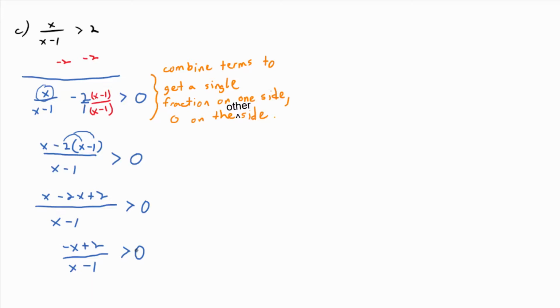To get our critical values, it breaks down to setting the numerator and denominator equal to 0. So this is step 1 of the method now. All this was preliminary. So step 1, critical values, CVs, we'll call them. So negative x plus 2 equals 0.